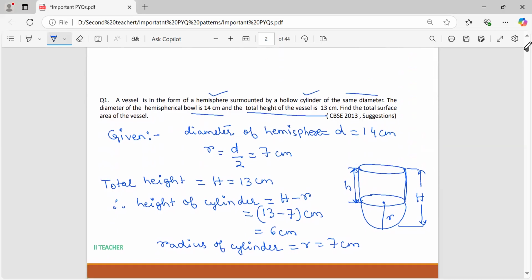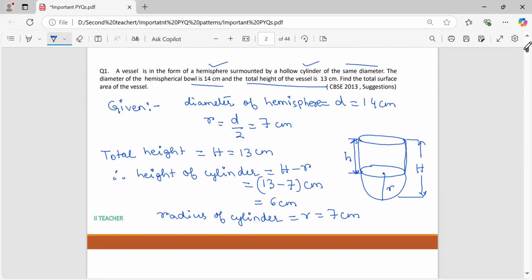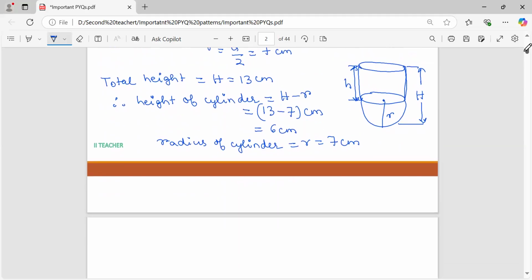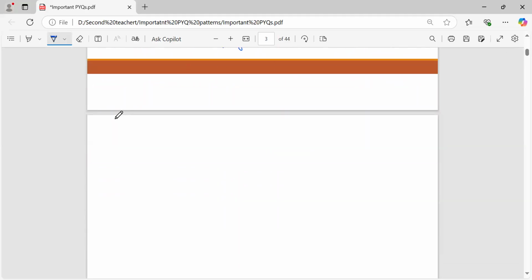And if I want to find out the outer surface area only, then how will we find out? Find the total surface area of the vessel. So here the total surface area of the vessel is nothing but the curved surface area of the hemisphere, not the total surface area.